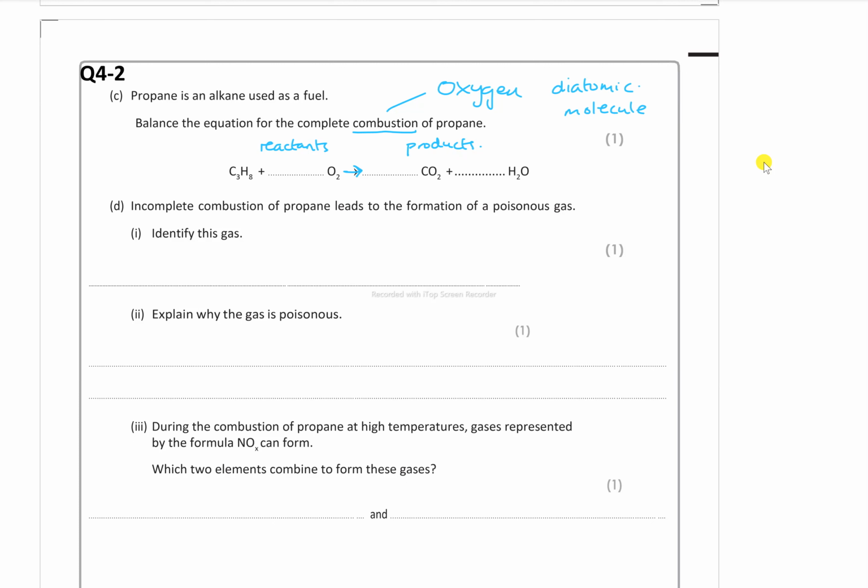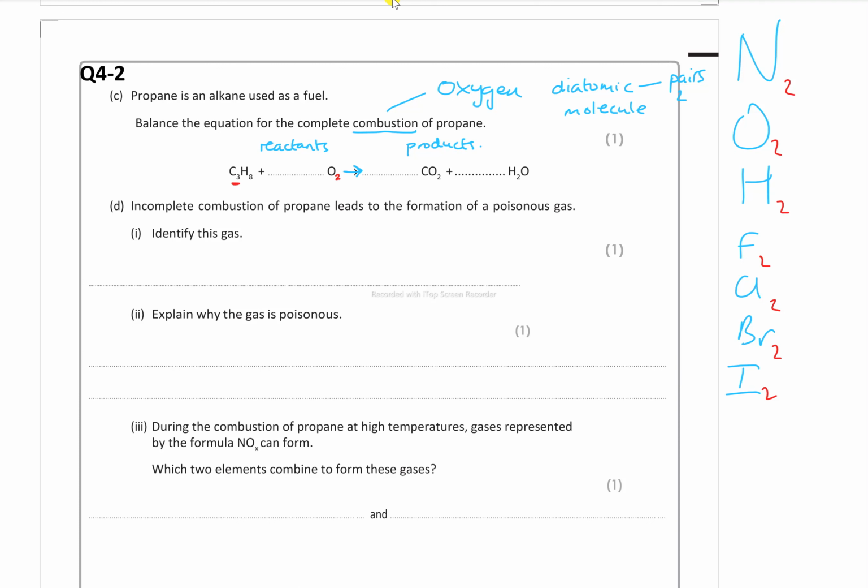What does that mean? It means it runs around in pairs, or in twos. So I remember it as the group 7 elements: fluorine, chlorine, bromine, and iodine, and then simply stick a 2 there. It's useful. So I now know oxygen is going to run around in pairs, but they've already given it. This is for the future if you've got to balance stuff up.